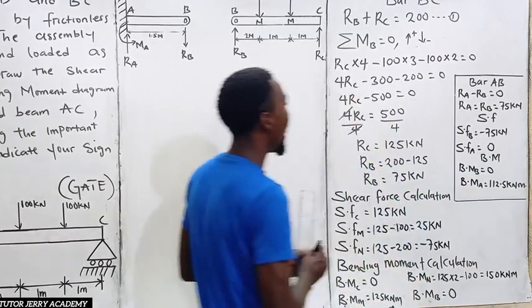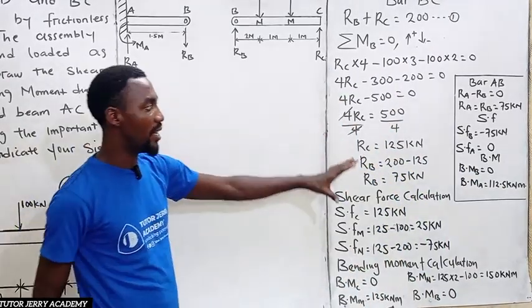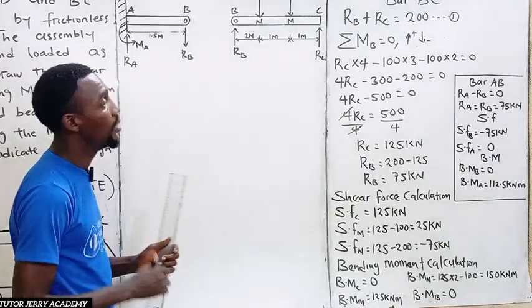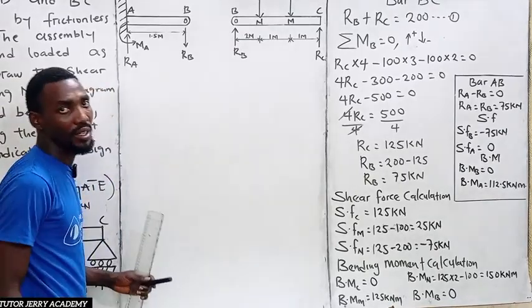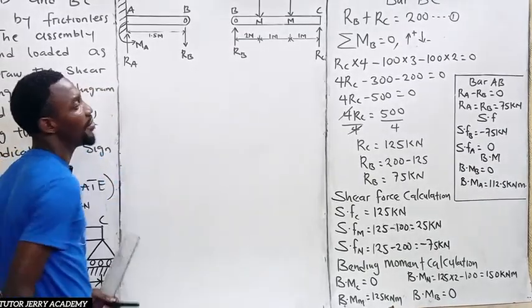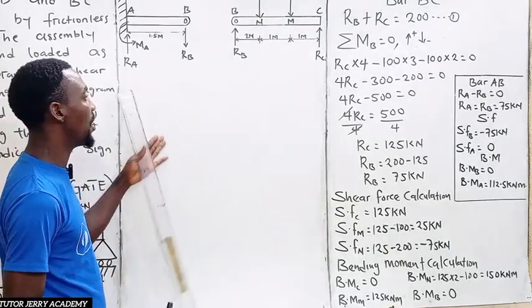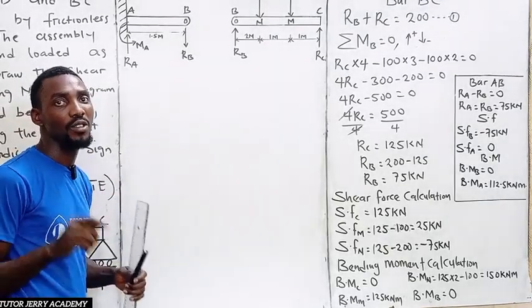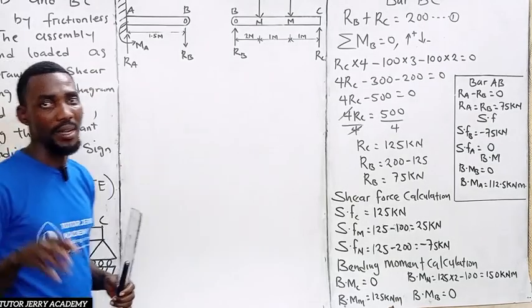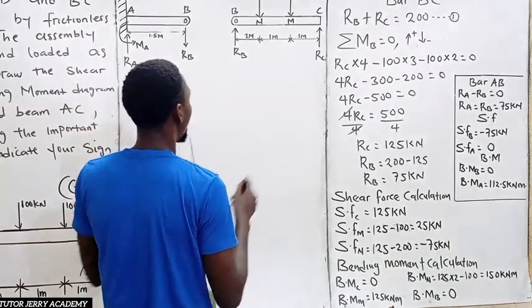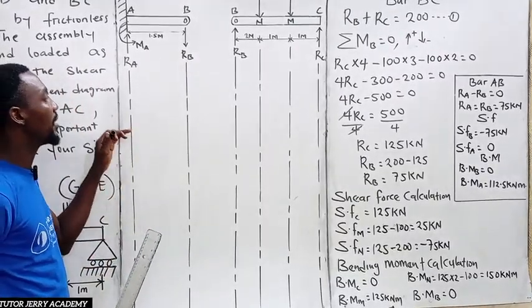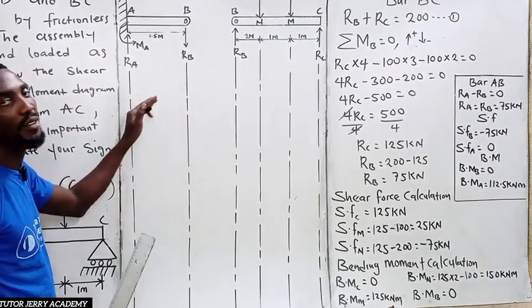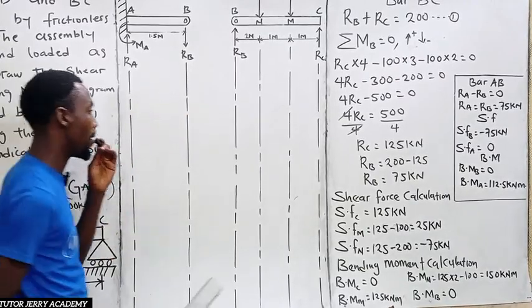Now that we have everything we need on the board, let's draw. I'll be tracing everywhere we have load, and I'll trace the point downward. Then I'm going to take my reference line for shear force and my reference line for bending moment.